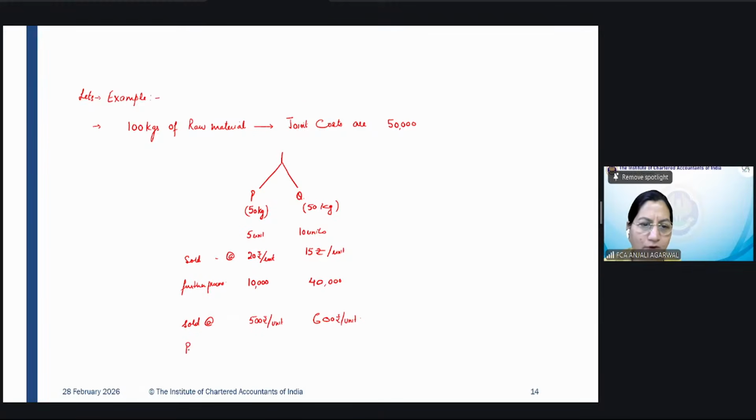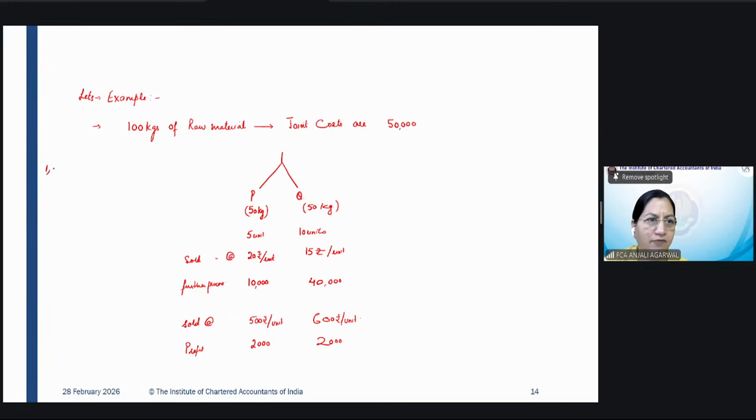There was a profit of 2,000 on product P and there was a profit of 2,000 on product Q. So this kind of information will be given and you have to use various methods in which you can allocate the joint cost.